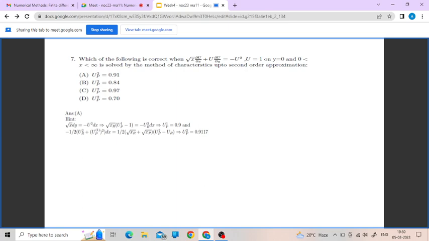So this implies what? Root xr times (up1 minus 1) equals minus ur square dx. Are you getting this? Check it.